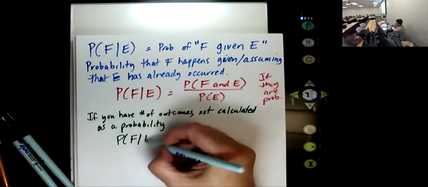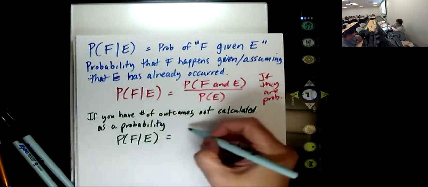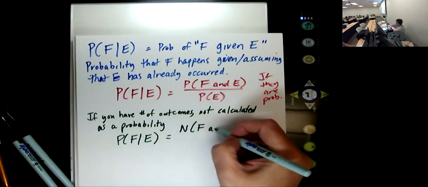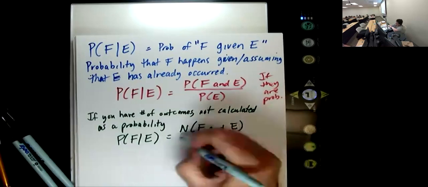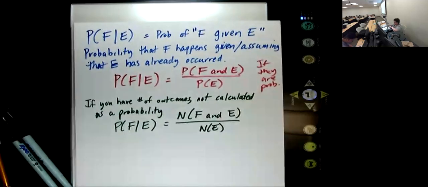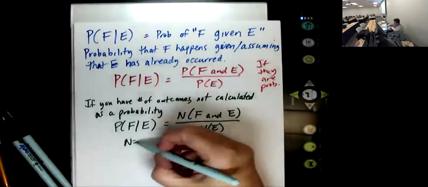And we did this in the other section when we talked about probability in general. We do N of F and E over N of E, where N means number of outcomes.